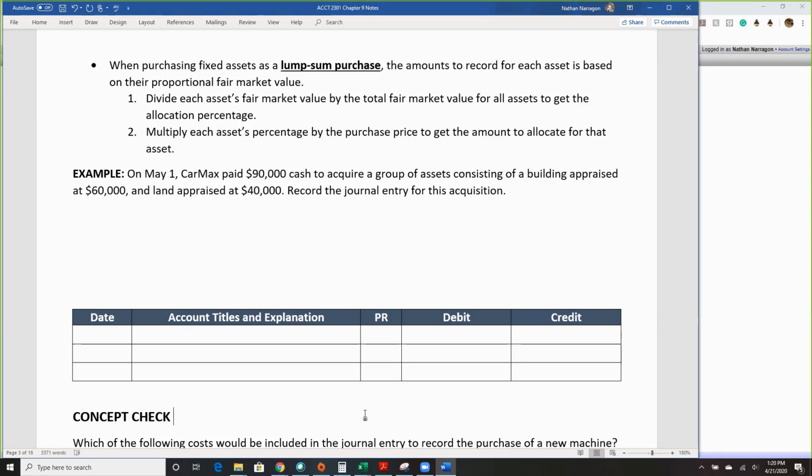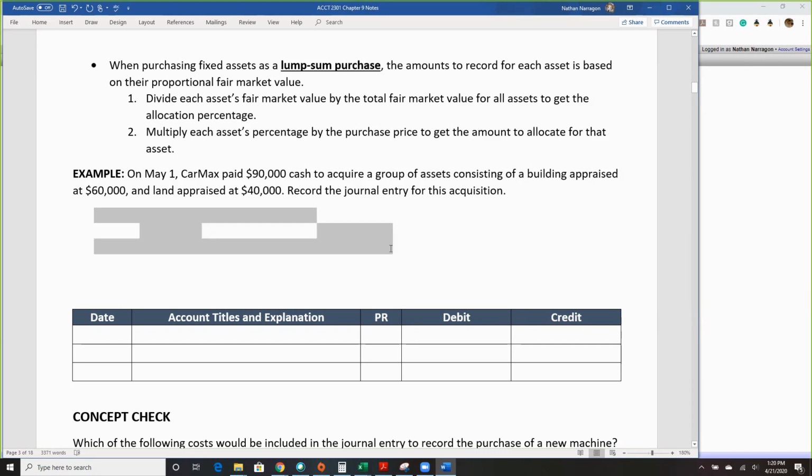So for this example, we're going to use CarMax. They paid $90,000 cash to acquire a group of assets consisting of a building appraised at $60,000 and land appraised at $40,000. Okay? We need to record the journal entry.